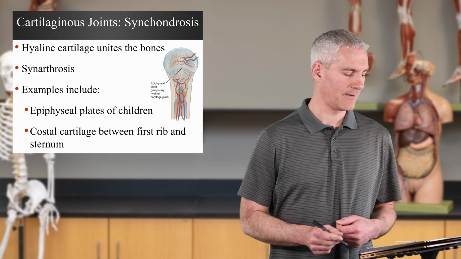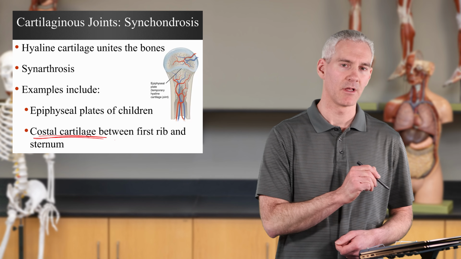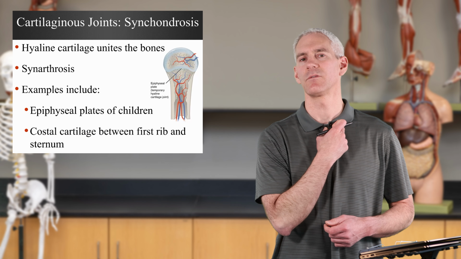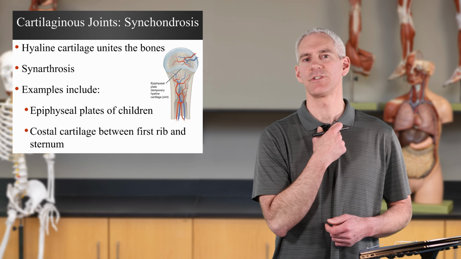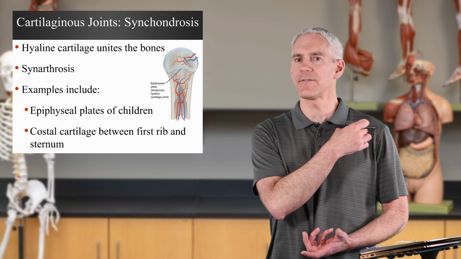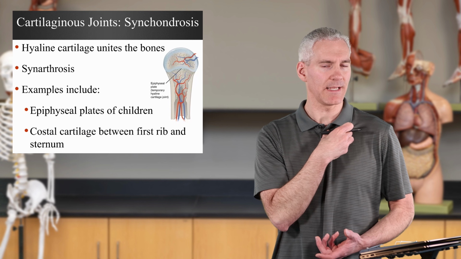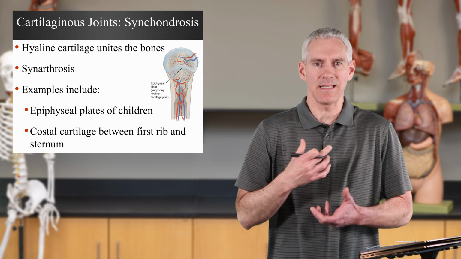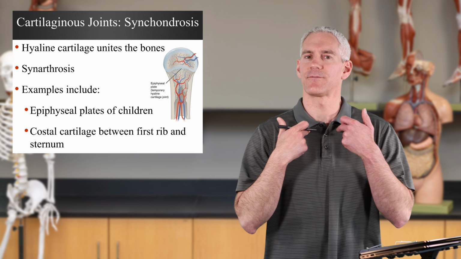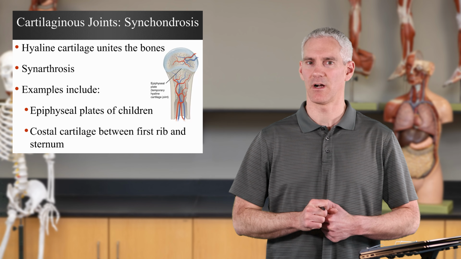So another example we have is going to be the costal cartilage between the first rib and sternum. So thinking way up top here, because just anchoring in, there's really not much movement there. That first rib is meant to more be anchored in place, to hold in place. I mean, even if you take a deep breath, it's the lower ribs that are moving. That first rib doesn't really move much at all.